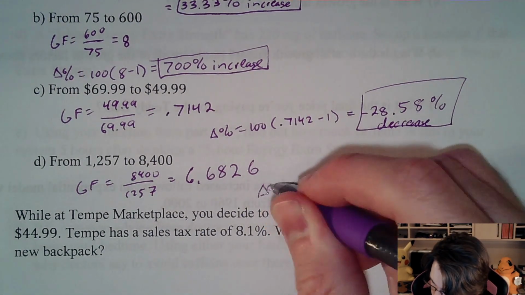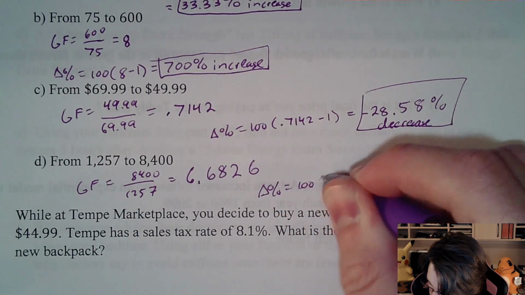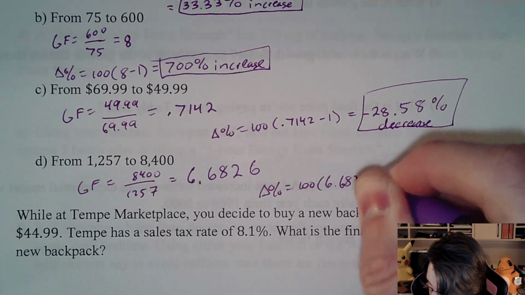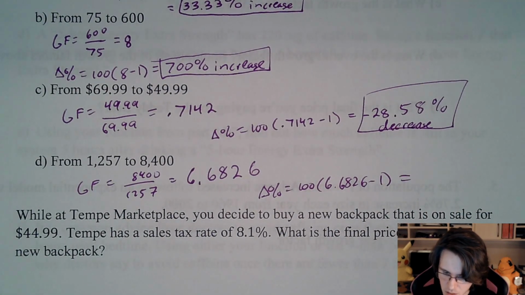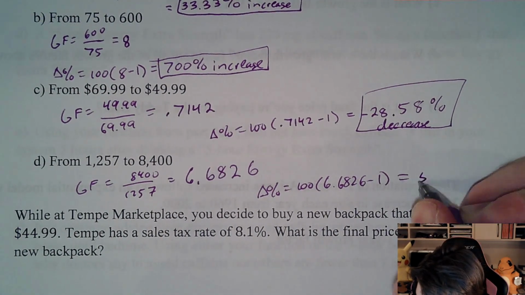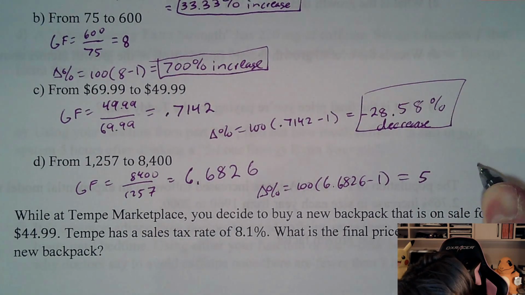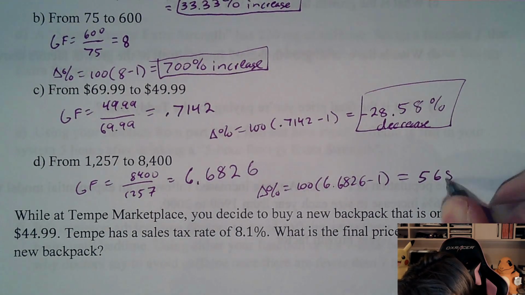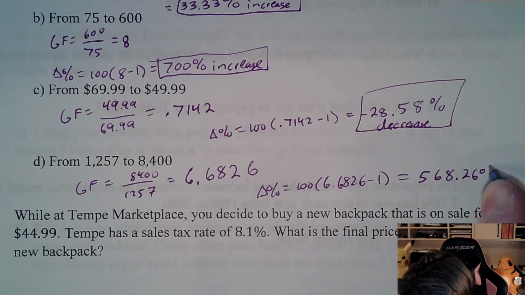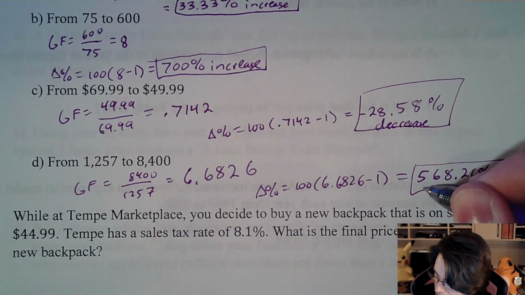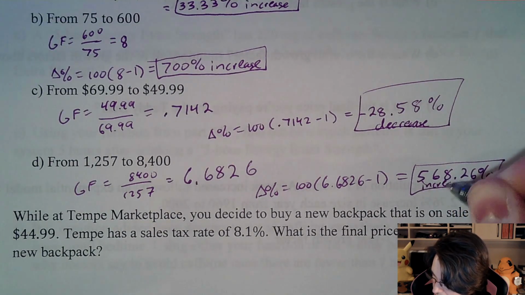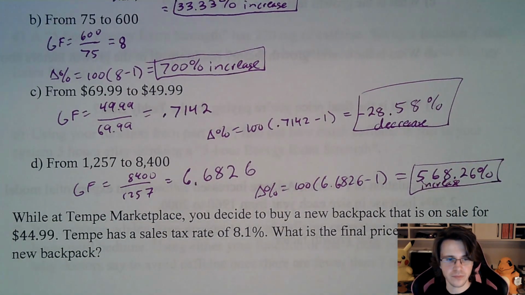And our change in percent then is 100 multiplied by 6.6826 minus 1. And that's going to be 568.26%. Oh, I forgot the word increase in there. It's a positive number, so it's an increase. There you go. Increase. For sure.